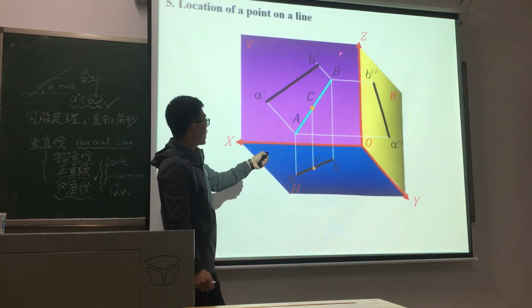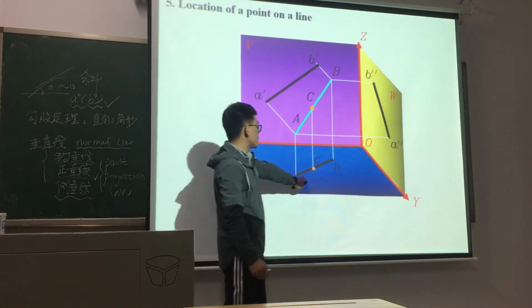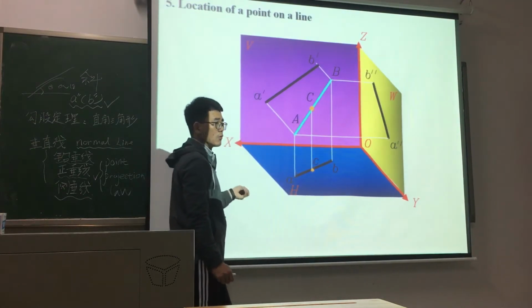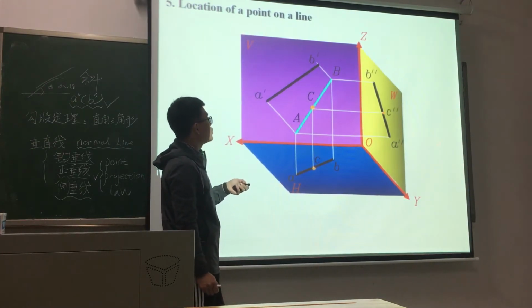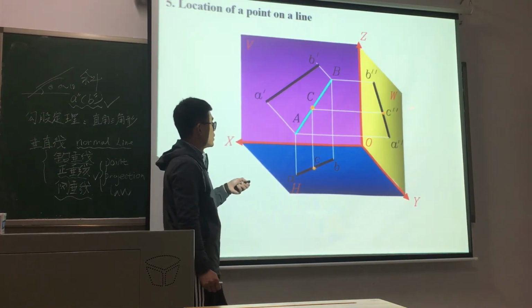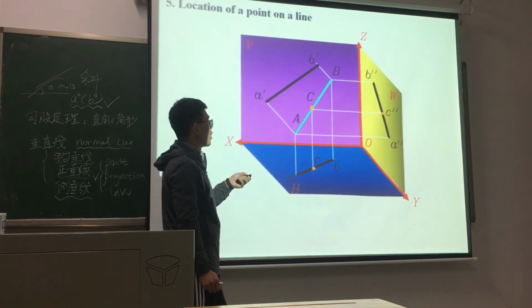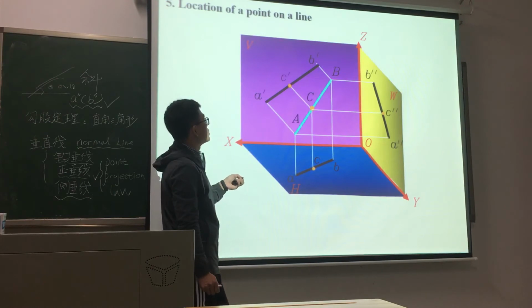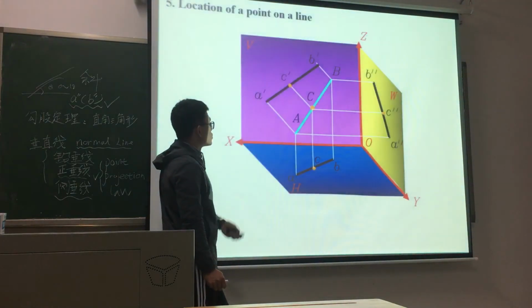If the point is on AB, the point projection on the H plane should also be on the projection of AB on the H plane. The same thing for the side plane, the point should be on the projection of the side plane, and the same thing for the vertical plane.